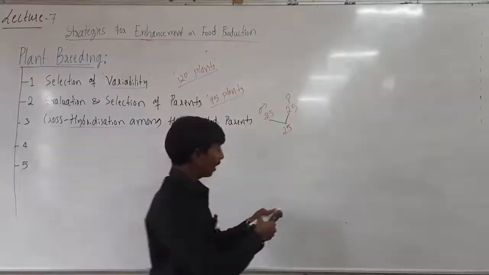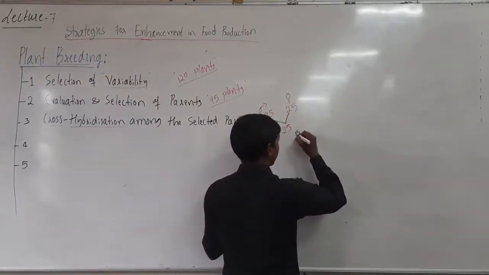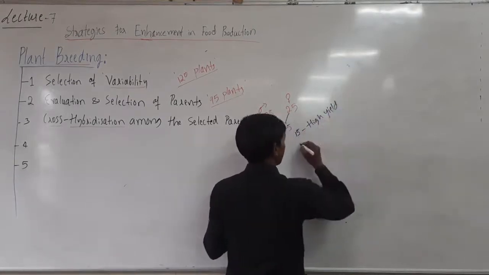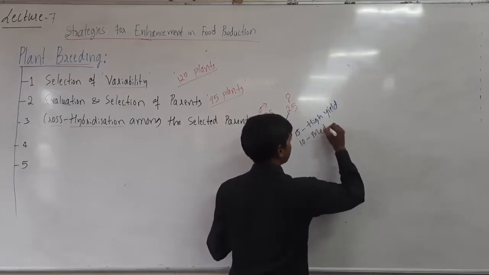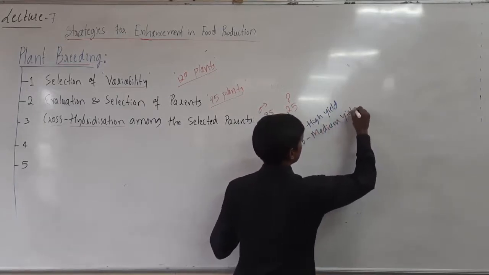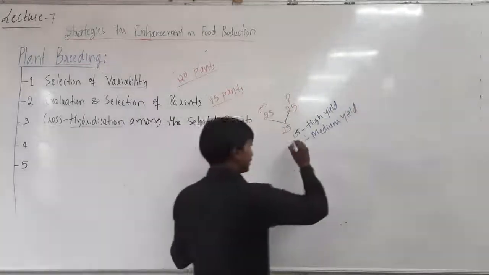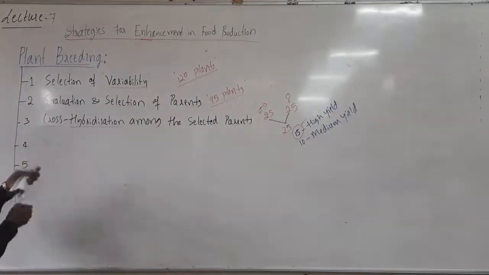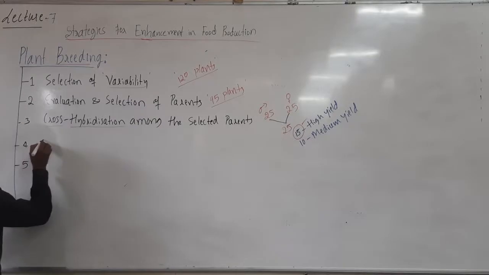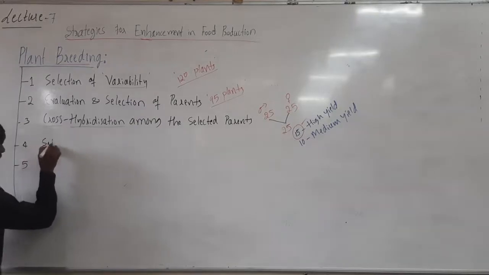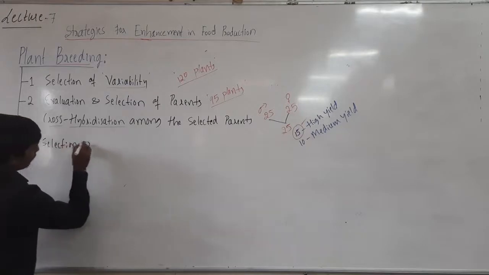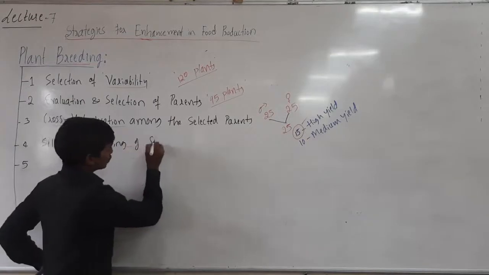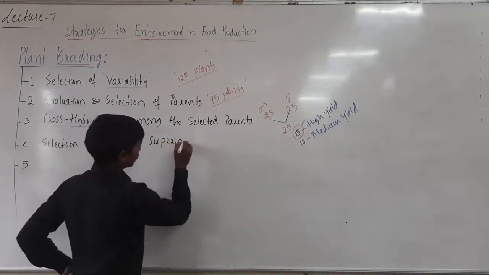Among 25, about 15 were having high yield, about 10 were having medium yield. So these are found to be superior. So here, next step, selection and testing of superior recombinants.